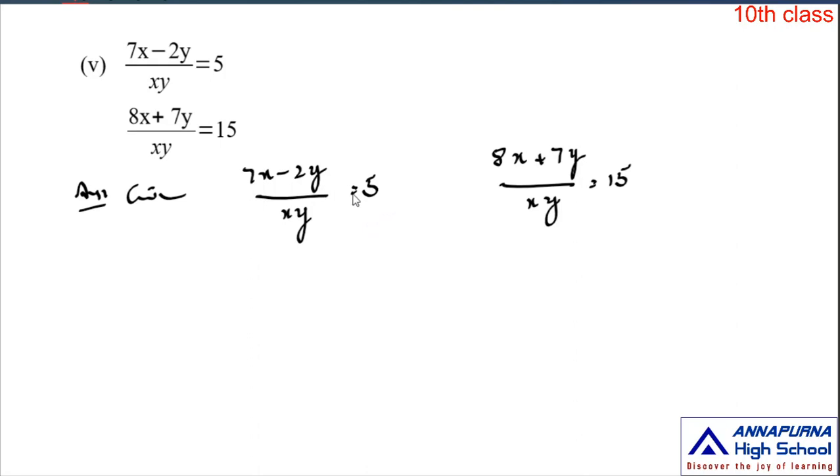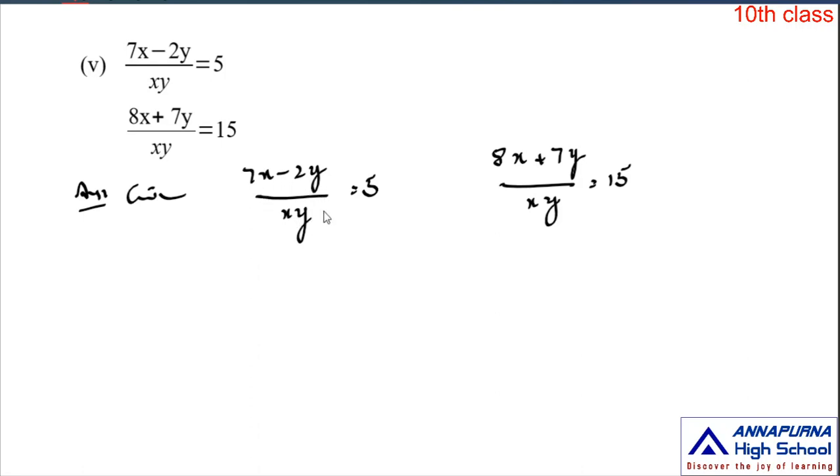When you observe the left side of this equation, the denominator xy is the common denominator of the two terms in the numerator, 7x and minus 2y.